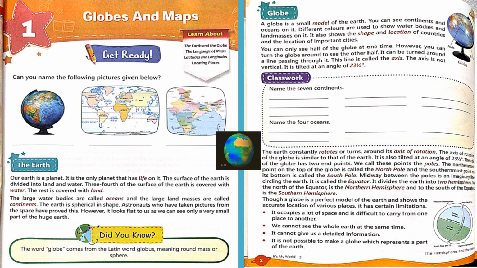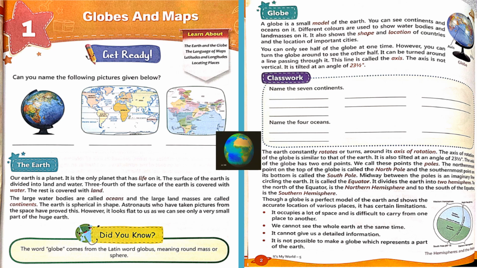The northernmost point on the top of the globe is called North Pole, and the southernmost point on its bottom is called South Pole.